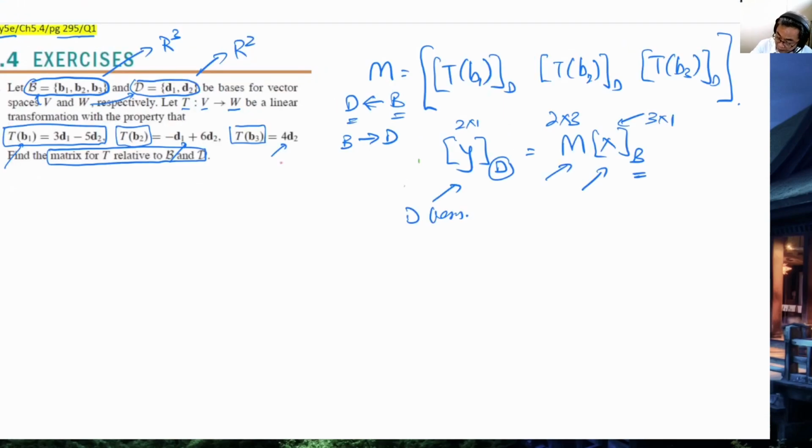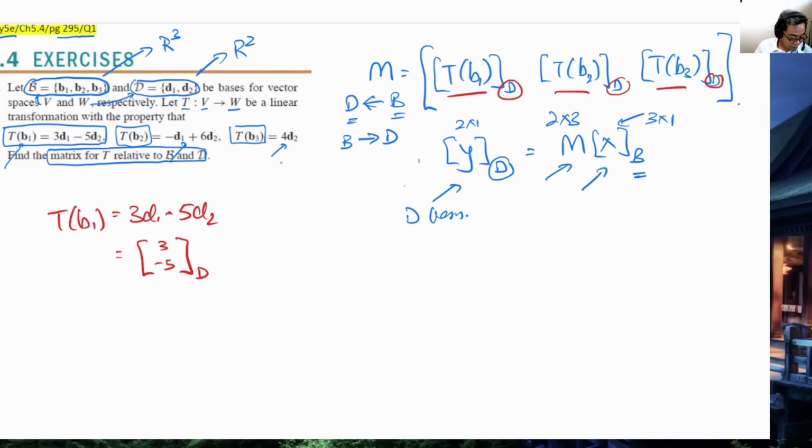We have to find these elements over here, T(B1), T(B2), and T(B3), and then change them into the D basis. What is T(B1)? It is already given to us, 3D1 minus 5D2. In fact, the question has already told us that T(B1) represented in the D basis is simply (3, -5).